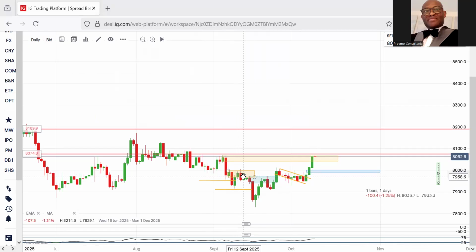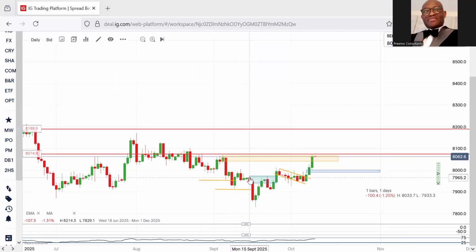So price has to pull back to that zone. If it's able to contain it, then we expect price to come down. It did that. However, it came down again and created another change of character. Let's forget this one now.